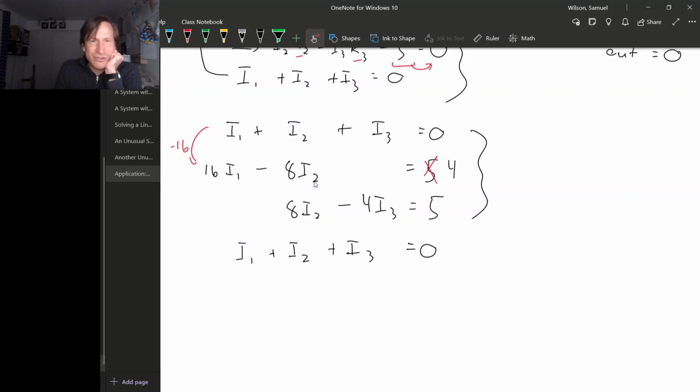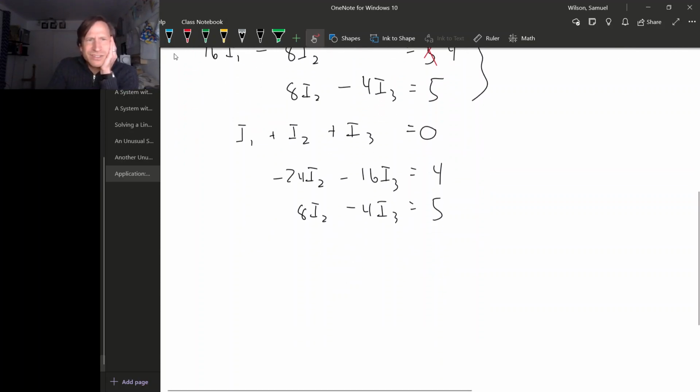Minus 8I2 minus 16I2, that's minus 24I2. And then no I3s, minus 16I3, that's minus 16I3. And then equals 4. Okay, and then last equation is 8I2 minus 4I3 equals 5.